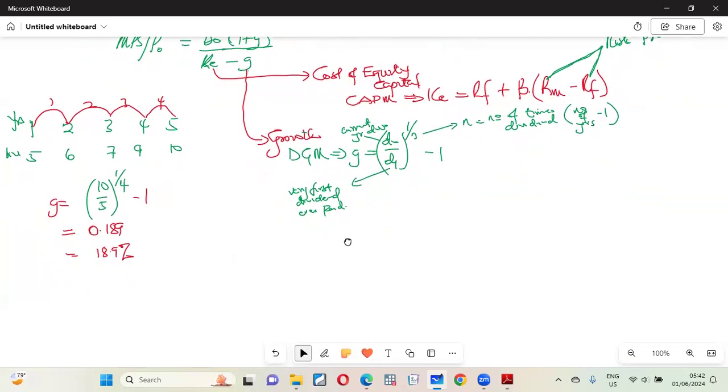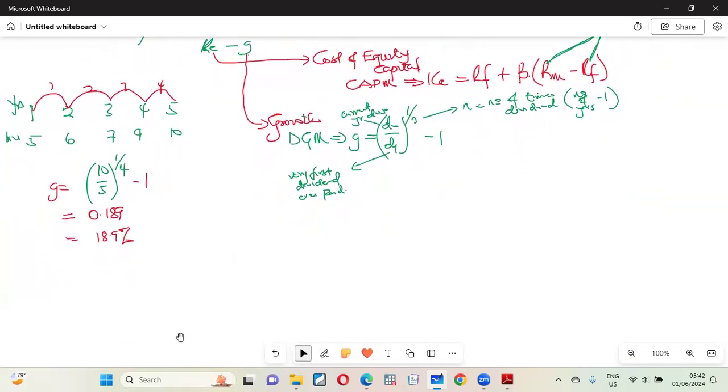But what if I say that we are in 2023, and my dividend is, let's say, 8. And I tell you that the dividend 4 years ago was 5. In terms of finding G, how will you get me the figures?